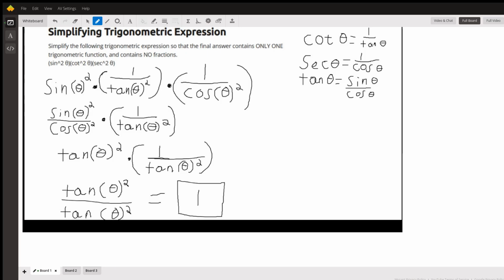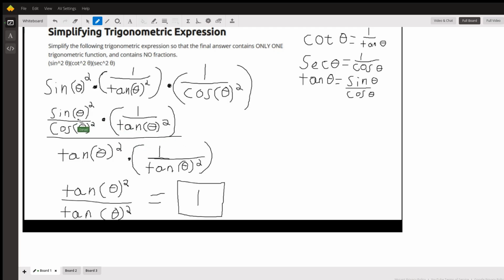And we can convert secant squared into 1 over cosine squared. Once we have that, we can ignore the tangent and combine the sine squared and the cosine squared. So let's do that for the second step, which would be this one right here.